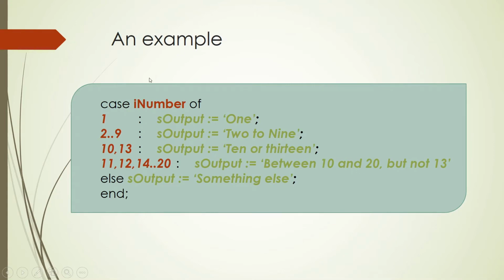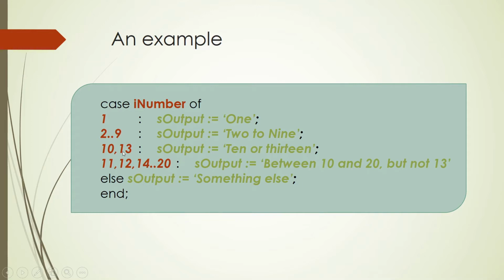So here's an example where I can show you how to use the case statement in different scenarios. The first scenario is where I can compare an option or a case or a value using commas. So this case to be tested could be, for example, 1, 2, 3, 4.